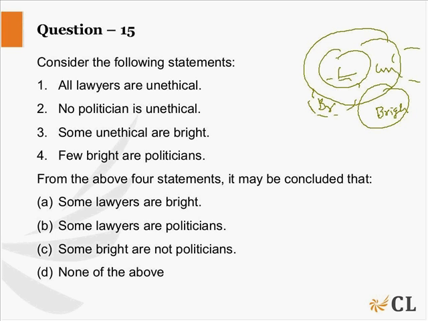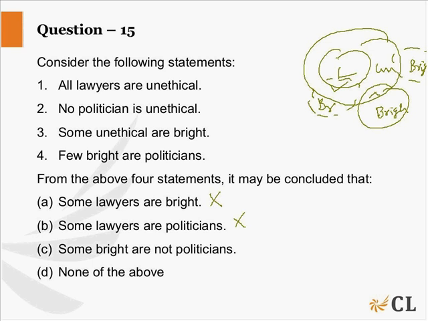There can be a set which overlaps here, right? Now if you say some lawyers are bright, if this condition holds then it will come, but if it is this condition, then it will not come. So some lawyers are bright is not going to happen. Some lawyers are politicians. We have already said that no lawyer can be a politician.